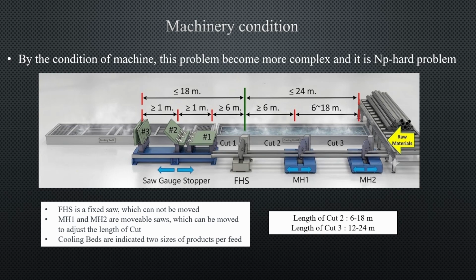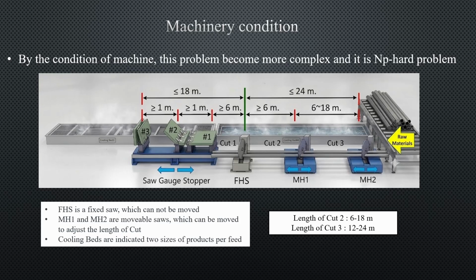Additionally, the machine features three adjustable stoppers located to the left of the fixed saw. The operational constraints for these stoppers are as follows. Stopper 1 must be positioned at a minimum distance of 6 meters from the fixed saw.